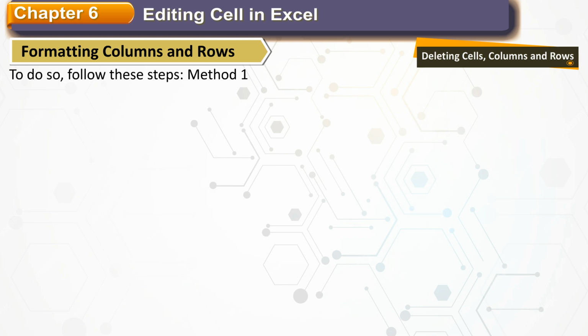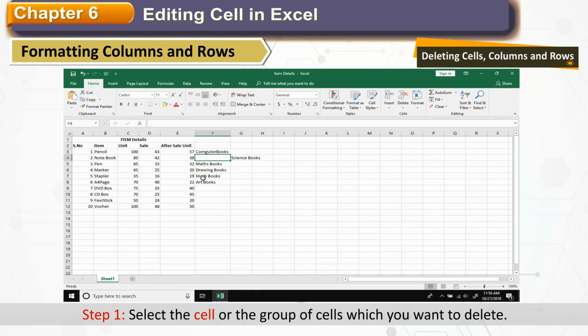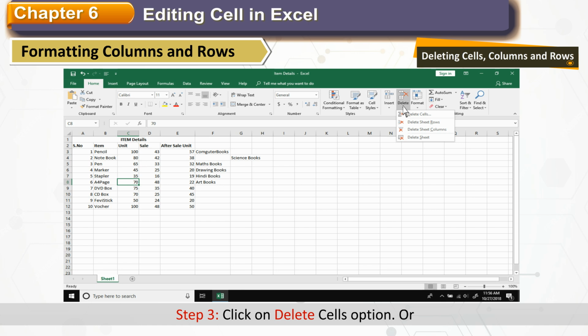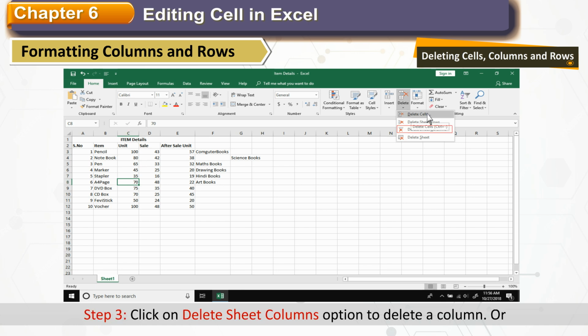Deleting cells, columns, and rows. To do so, follow these steps. Method 1. Step 1. Select the cell or the group of cells which you want to delete. Step 2. In the Home tab, click on the Delete button from the Cells group. Step 3. Click on Delete Cells option. Or, Step 3.